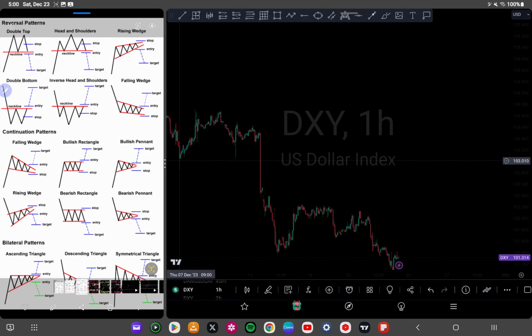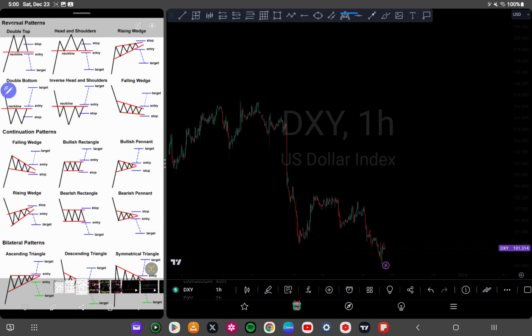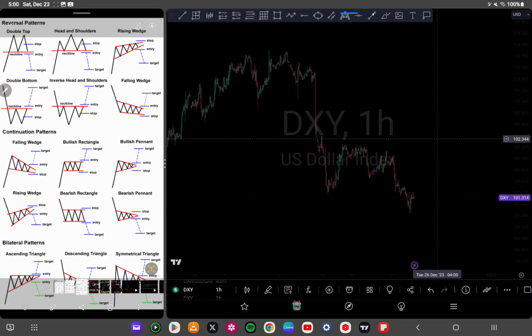So I'm going to show you chart patterns on the actual chart because it's kind of different. How you see it is a little bit different. The one we are seeing right here is just how the textbook works, right?